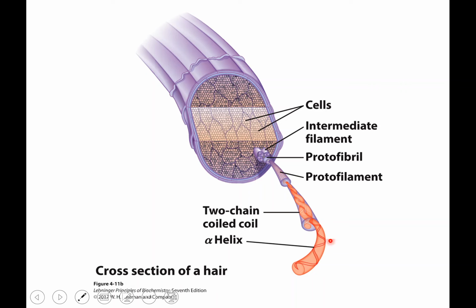What makes up ultimately these filaments are two alpha helices that are wrapped around each other. So it's a two-chain coiled coil is what it's referred to as. We're going to see this coiled coil some more.